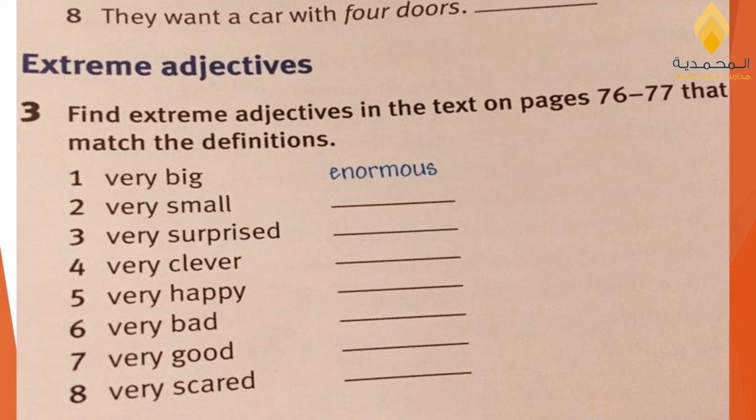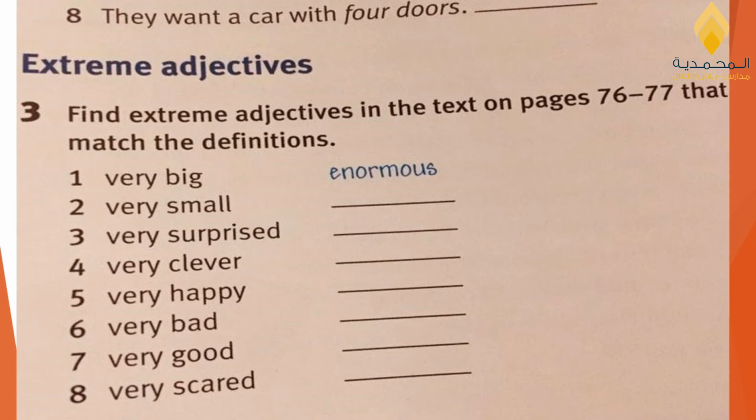Very clever meant brilliant. The other adjective is brilliant, which means that he is extremely smart, very smart. 5. Very happy. What was the word that the text used to say that he was very happy? Yes, delighted. He was delighted when he spread the virus at the beginning.